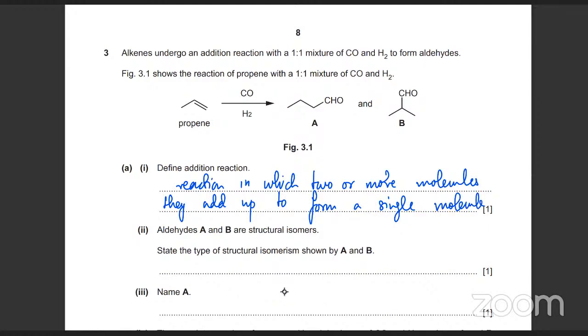State the type of structural isomer shown by A and B. So what type of structural isomerism is this? It's positional. Is it positional? You're not changing the position, I guess.